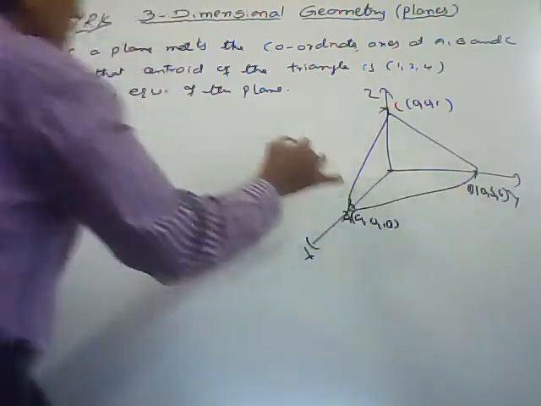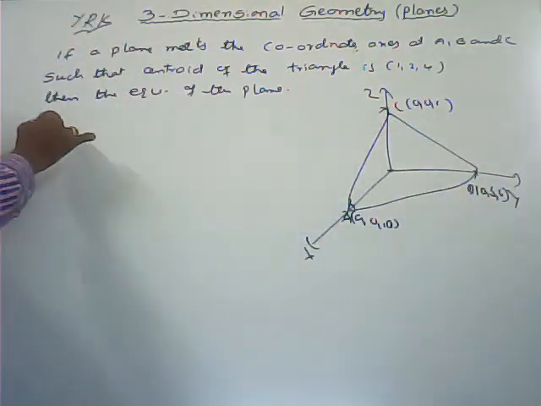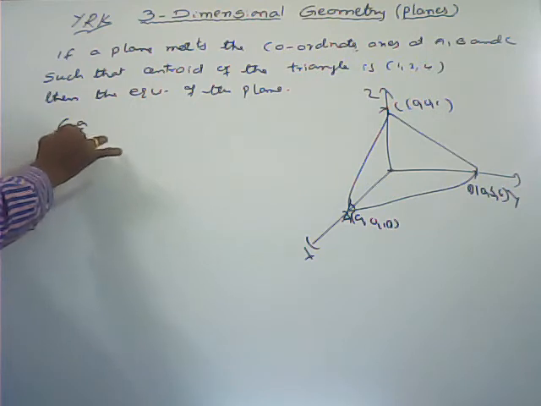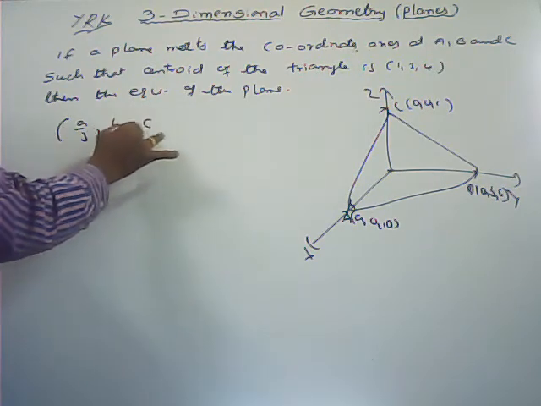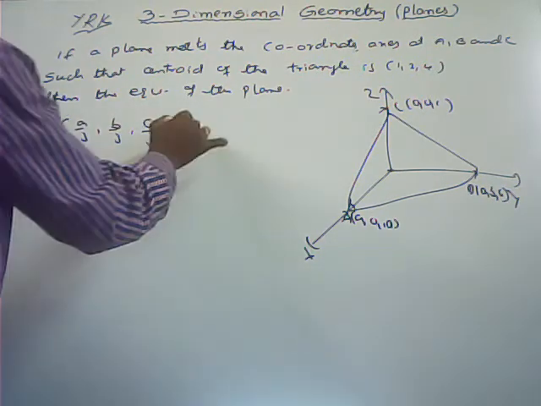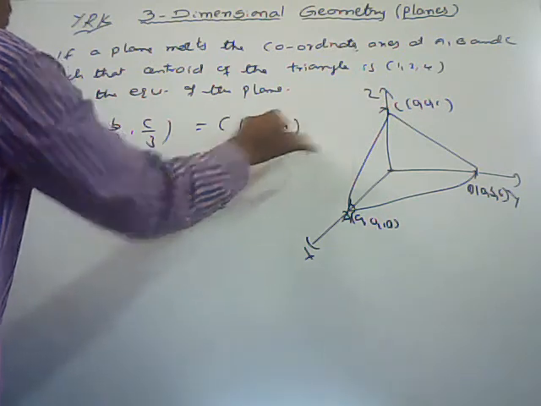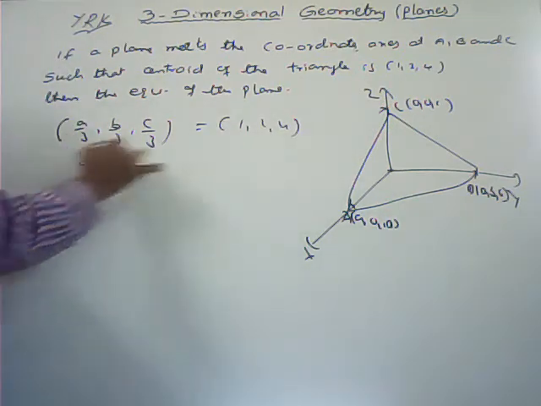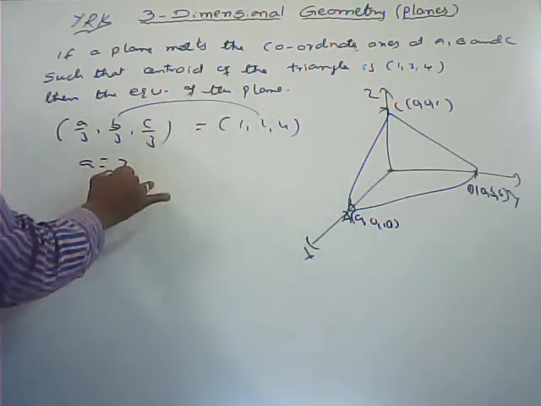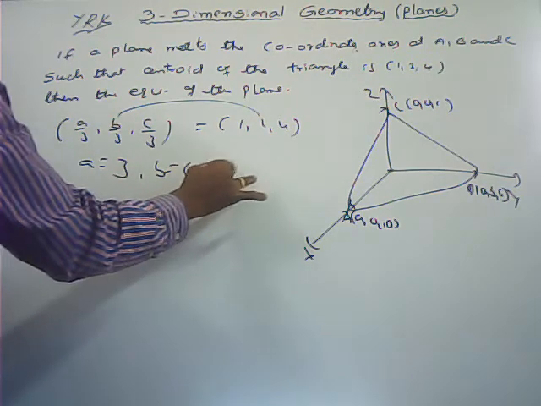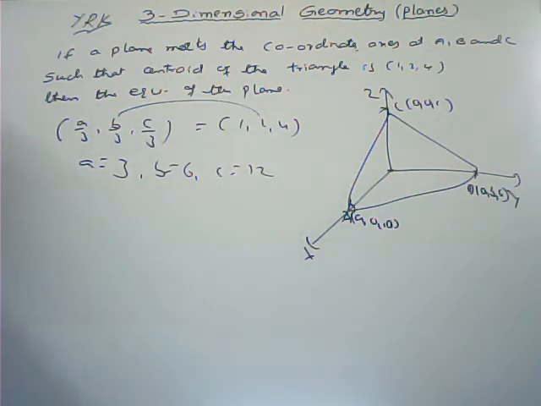Now what is the centroid? x1 plus x2 plus x3 by 3: a by 3, b by 3, c by 3. That is the centroid. Here what is given? 1, 2, 4. Here a is equal to 3. By equating both the y coordinates, b is equal to 6, c is equal to 12. Here a is the x-intercept, b is the y-intercept, c is the z-intercept.